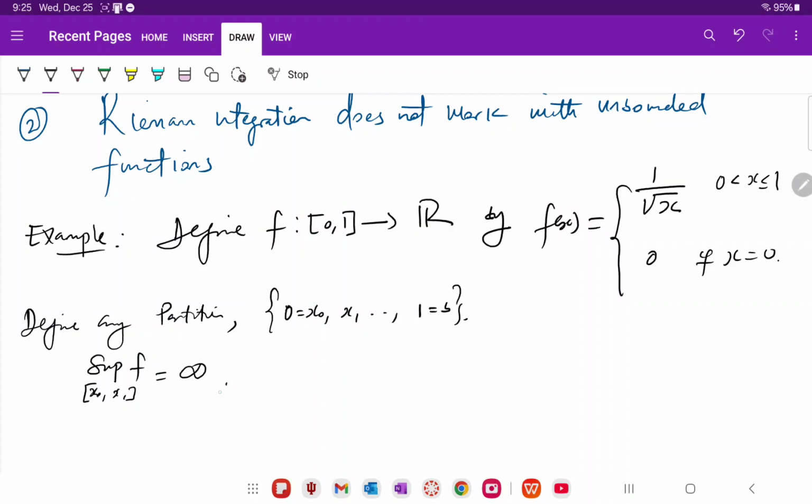Because the upper Riemann sum of this will be infinity, and there's no way you can control the lower Riemann sum.